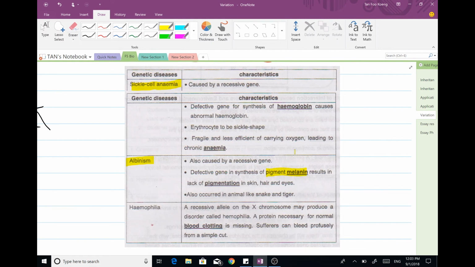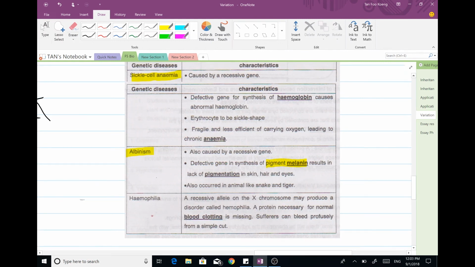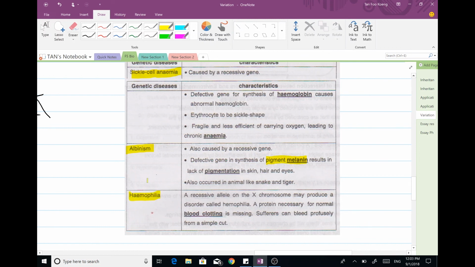That's why they appear white. And a hemophiliac person could suffer from profuse bleeding due to a simple cut, simply because the body couldn't produce the right blood clotting factor.